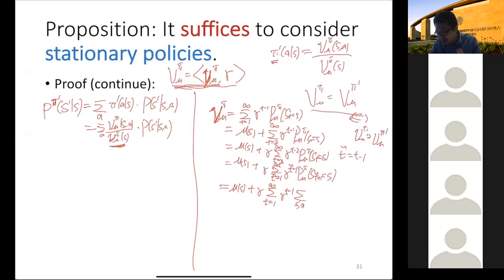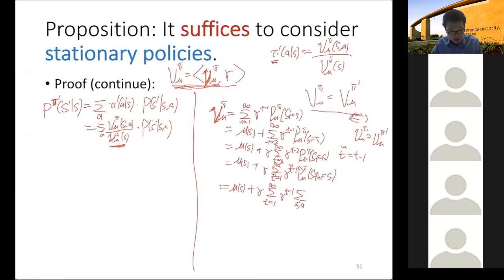S prime is the state at step t tilde that could have given us this s. So it is like moving towards a previous time step rather than the current time step.